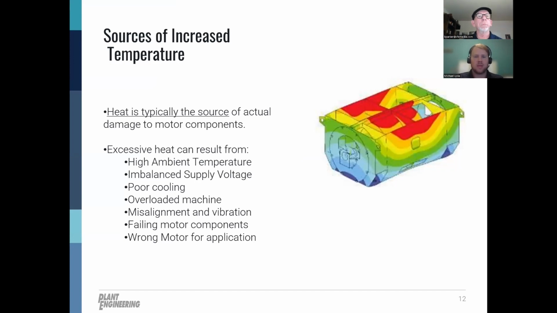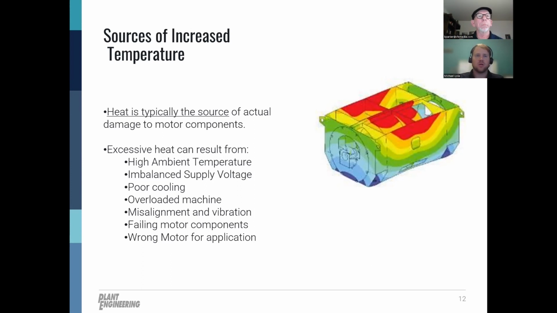We already discussed a little bit the unbalanced voltage on the mains terminals. Or if you've got a fan cooled motor, and the fan is blocked or has some kind of limited cooling, that's going to cause increased heat. It's not getting the air movement that it needs to stay cool across the cooling fins.